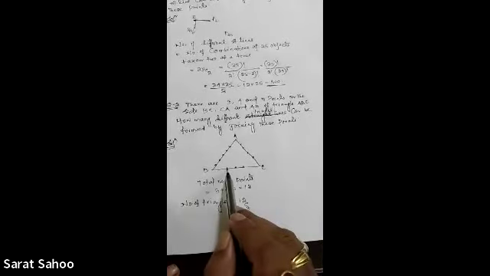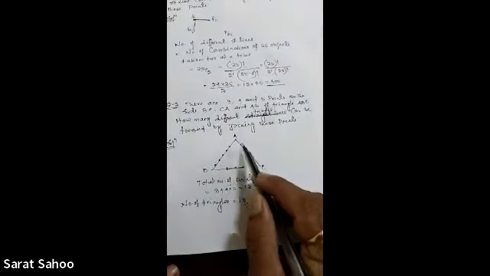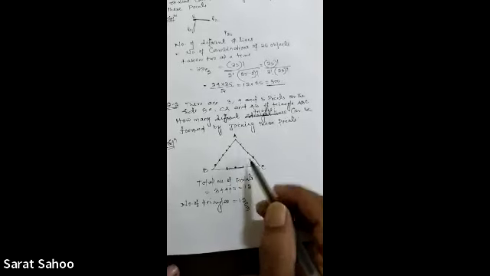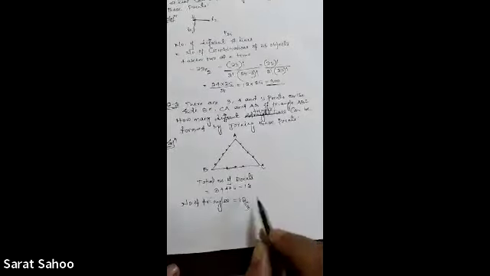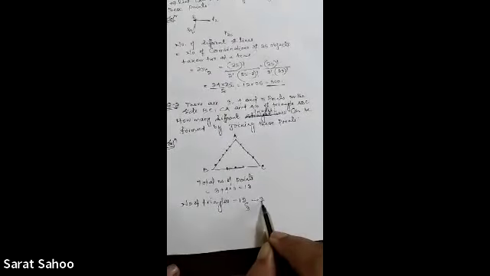12C3. But if you join these 3 points, you will get a straight line. If you join any 3 points of these 4 points, you will get a straight line. If you join any 3 points of these 5 points, you will get a straight line. Minus 3C3.